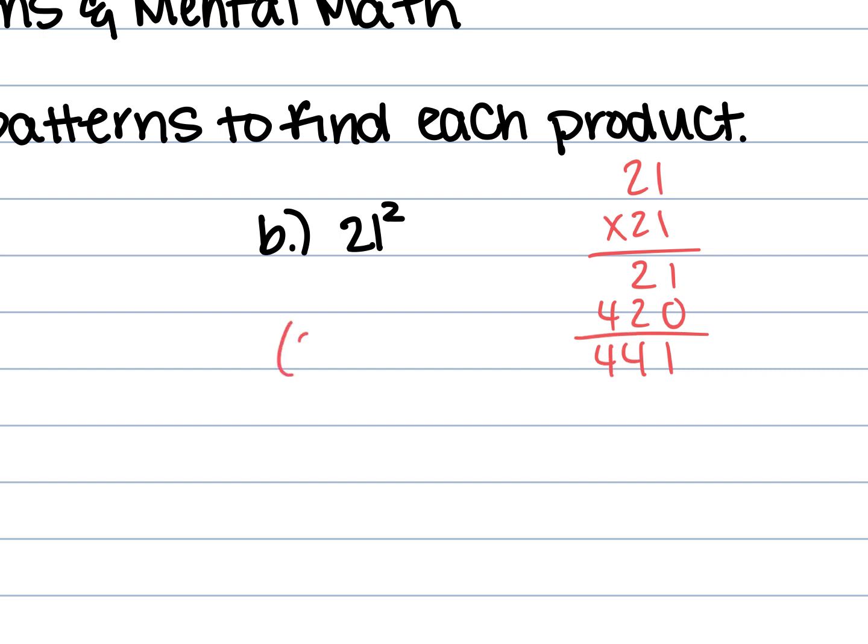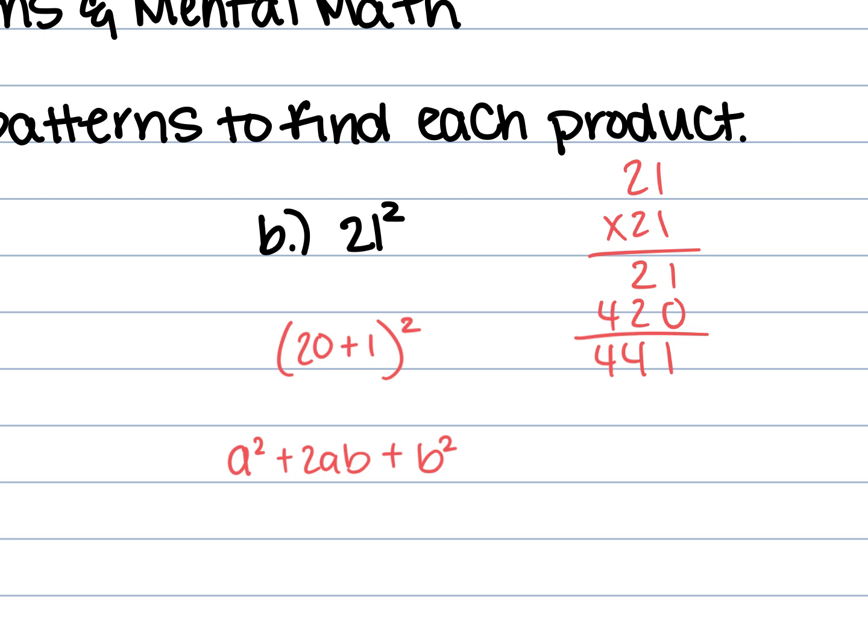All right. Now, 21 is close to what number? 20. So let's write it as 20 plus 1, and then we're squaring it. Do you guys remember this formula? It'll be a squared plus 2ab plus b squared, correct? This is the sum binomial squared.